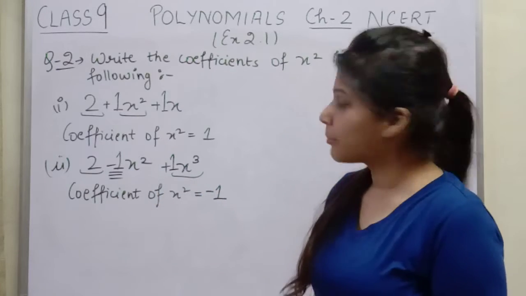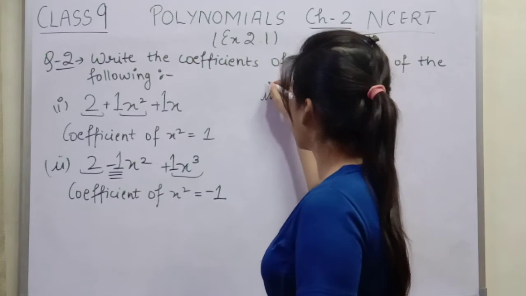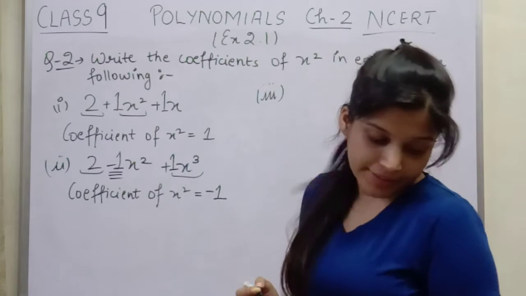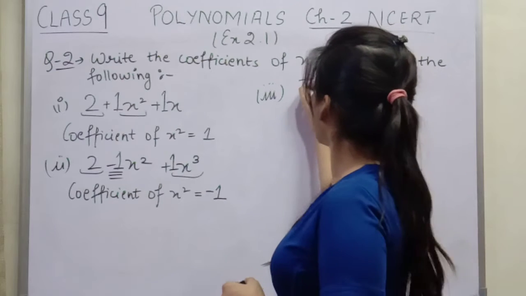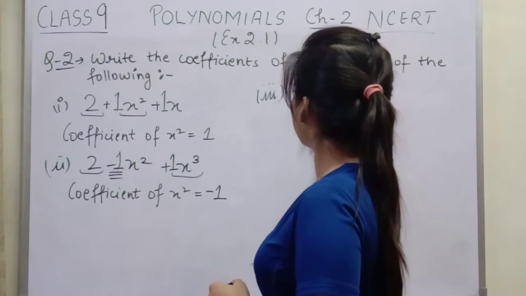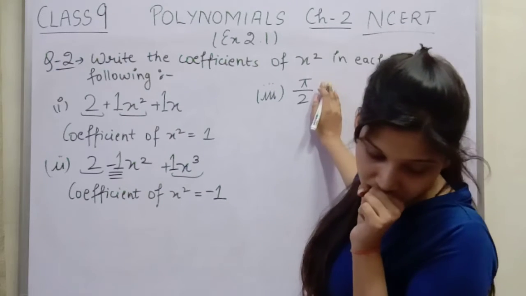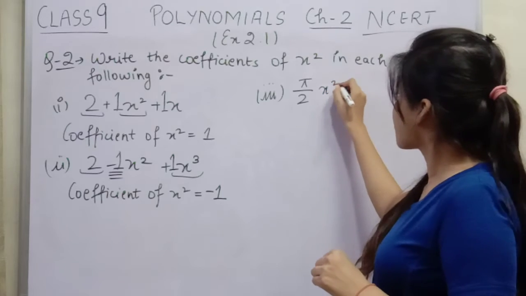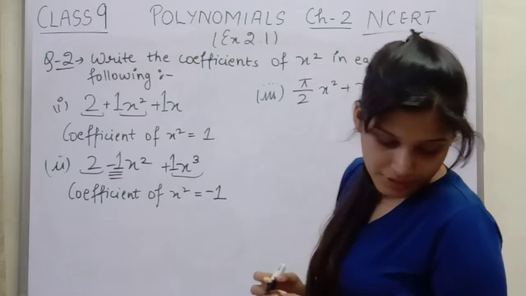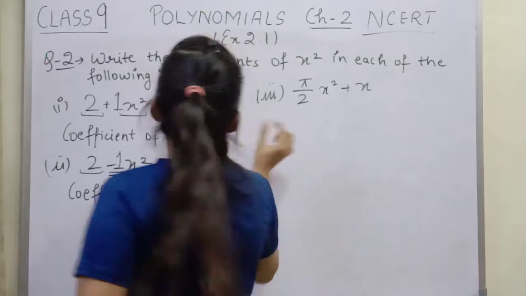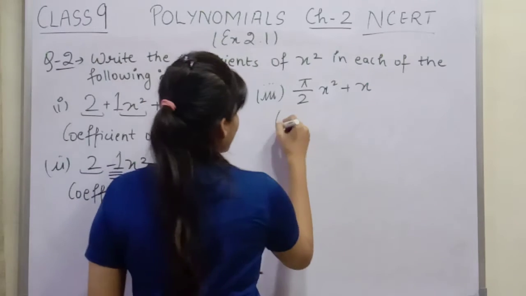Coming to part number 3. So in the third part we have pi upon 2 x square plus x. This is the third part. Yes. So now we want coefficient of x square.